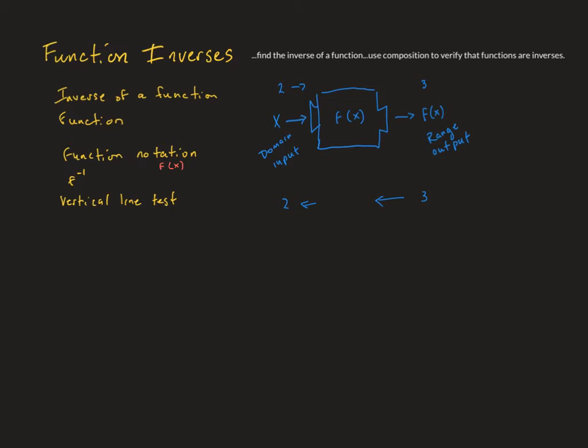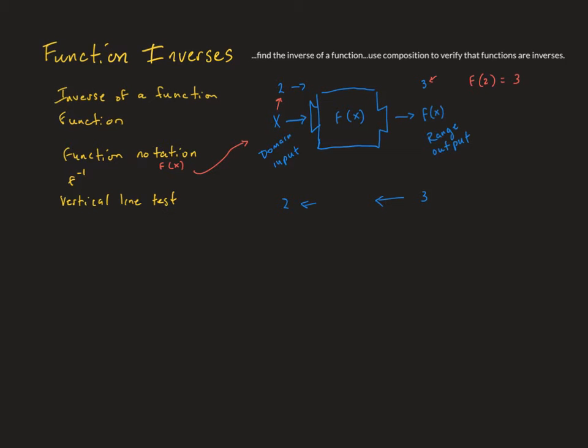An example of function notation: since my x value was a 2 and my output was a 3, the function notation would be f of 2 equals 3. Because every time I put 2 wherever there was an x value, I had f of 2. So when I put 2 into the machine, my input, I got out a 3.